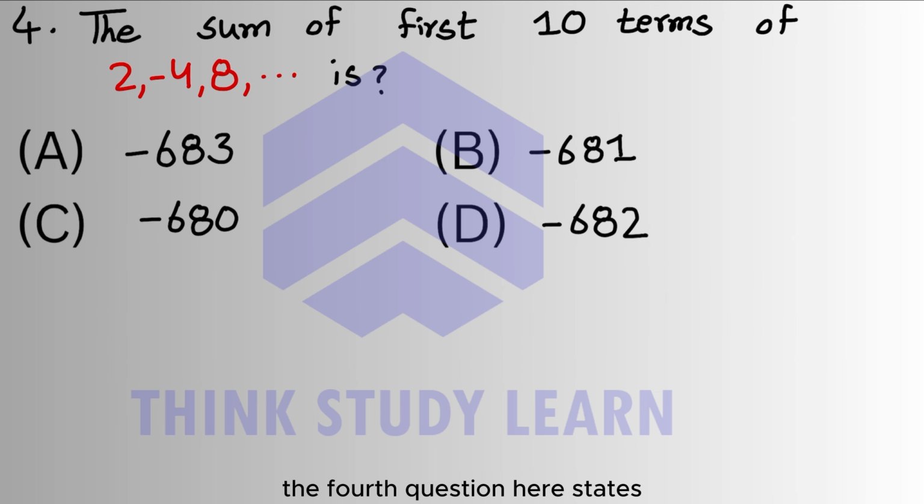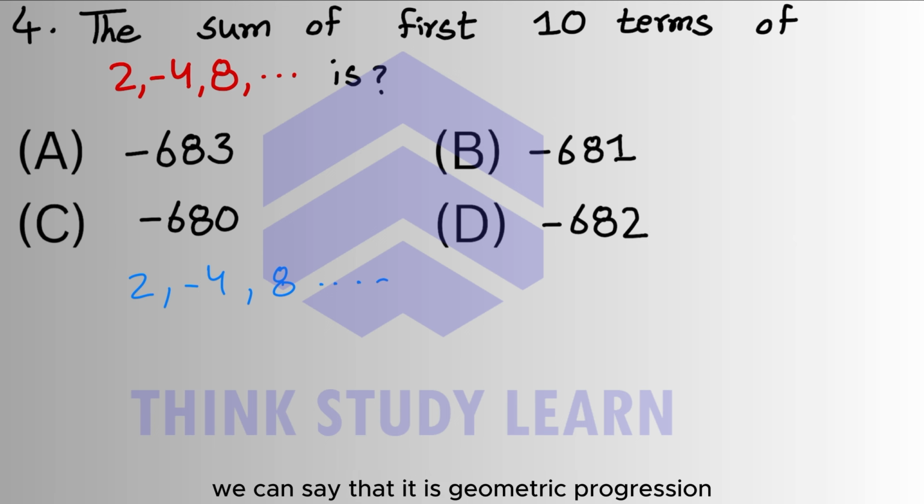The fourth question here states, the sum of first 10 terms of 2, minus 4, 8, up to infinity is. So looking at the series here, which is 2, minus 4, 8, up to infinity, we can say that it is a geometric progression.